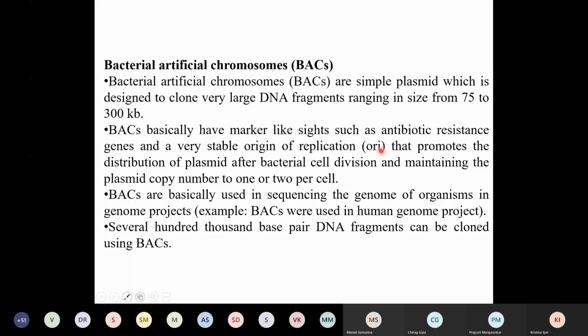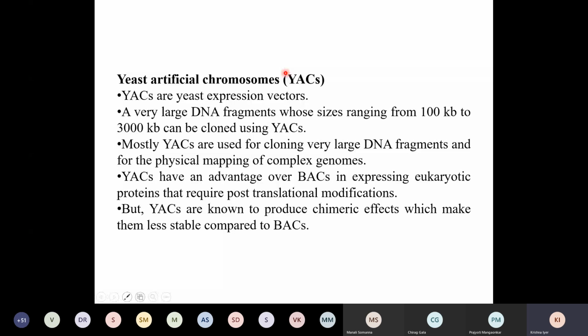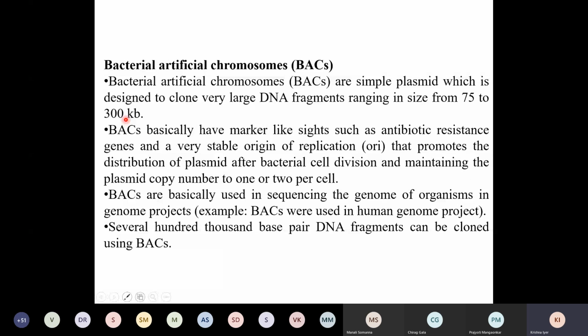Similarly, we have what is called yeast artificial chromosomes. Now, these are very specific for carrying DNA into yeast. And what is the advantage? They can carry even bigger pieces, 100 kilobases to 3000. Remember, plasmids carried up to 10. Then we had bacteriophages, which carried up to 20. BACs carried up to 300. And now I have up to 3000.